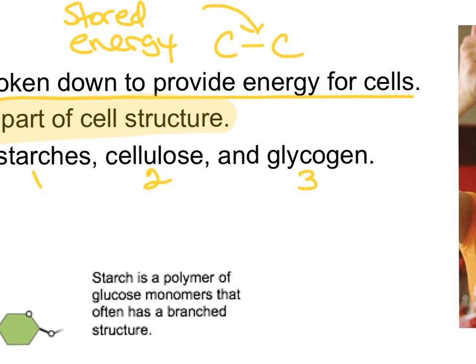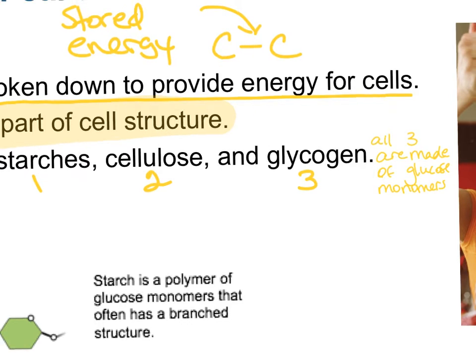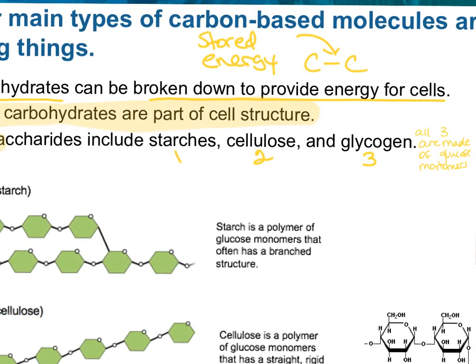So I'm going to write that over to the side here. All 3 are made of glucose monomers. So what makes them different from each other? Because they are different from each other. They're all made up of glucose, but it's how the glucose molecules are put together that makes them different.